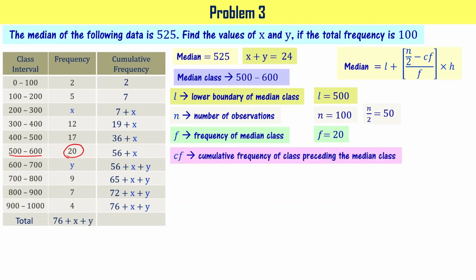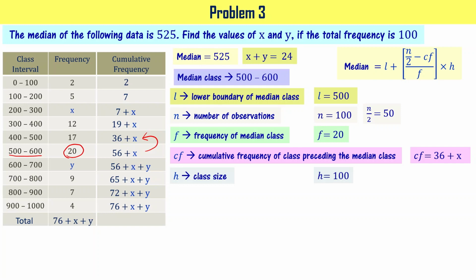CF is the cumulative frequency of the class preceding the median class. The class preceding the median class is this, and its cumulative frequency is 36 plus x, right? CF equal to 36 plus x. Then h is the class size. We know the class size is 100.